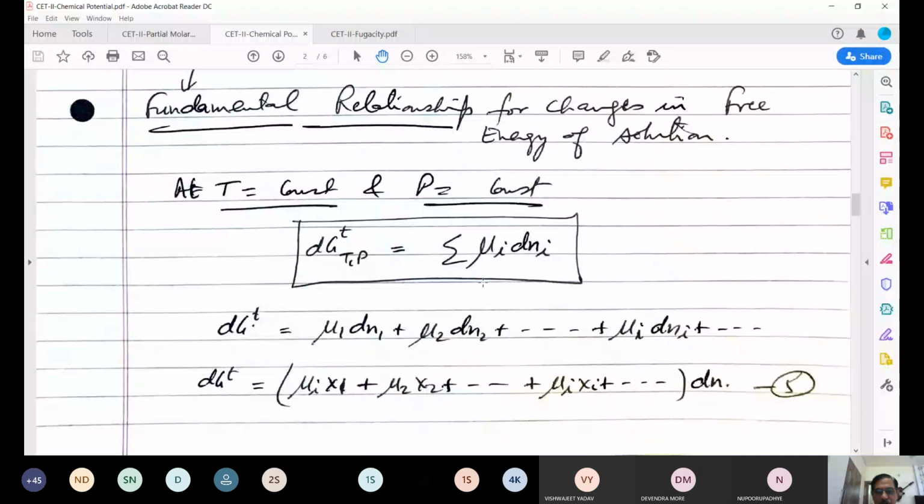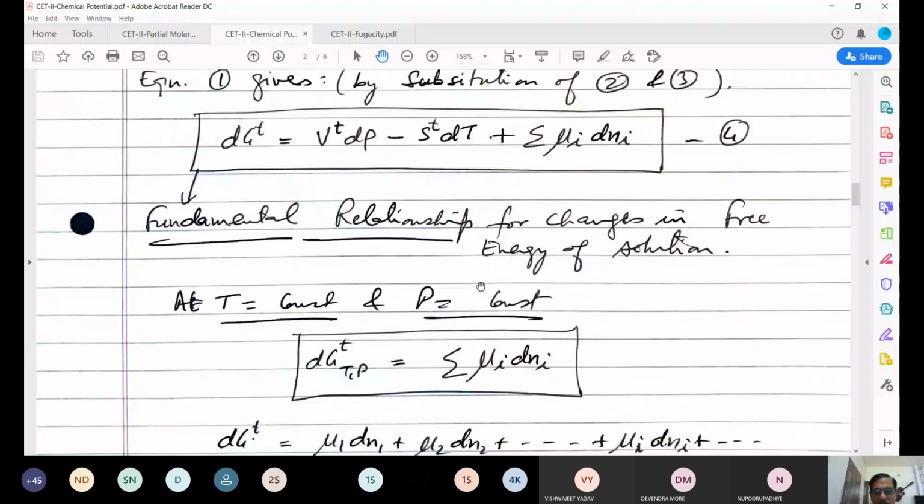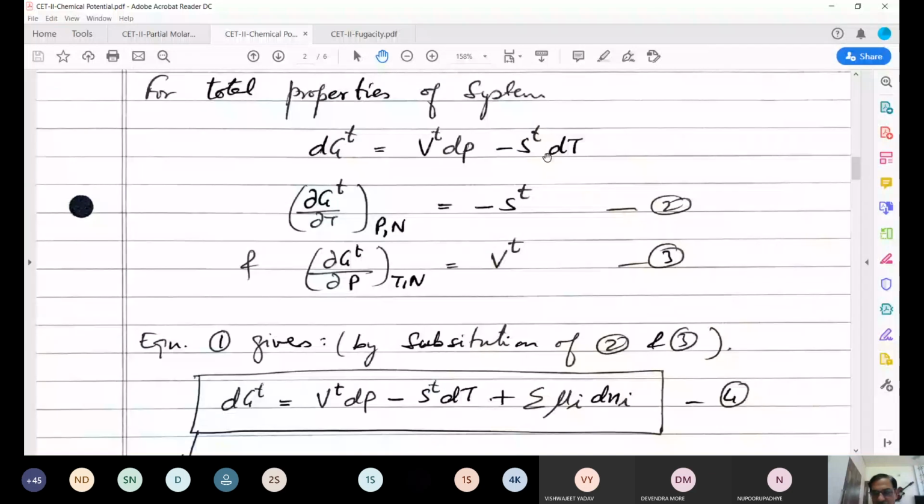Because the previous thing we derived, VdP minus SdT, was for non-phase-equilibria and non-chemical-equilibria. Right? It was considering only, say, bulk solutions, not involving equilibria. Now we are involving equilibria, so we have to account for the equilibrium also, and this is what is accounting for equilibrium.